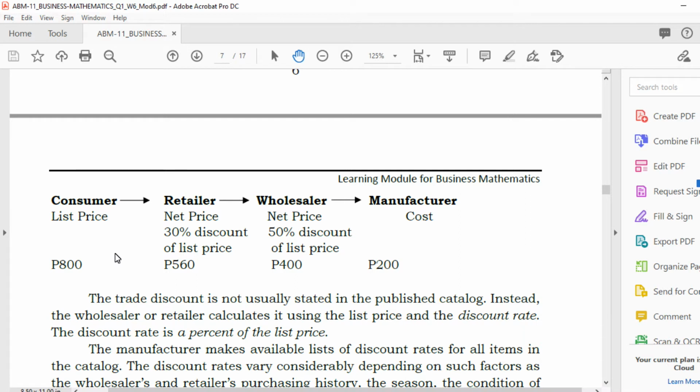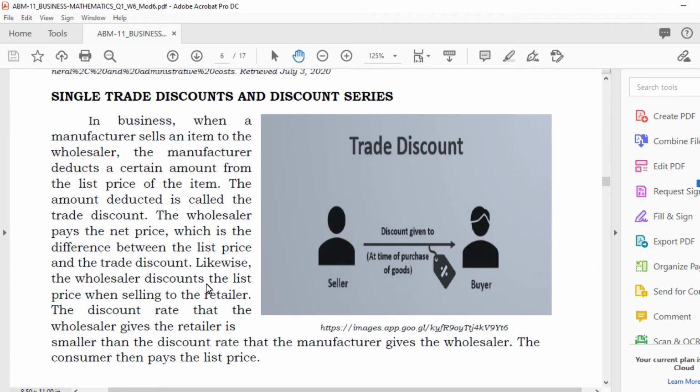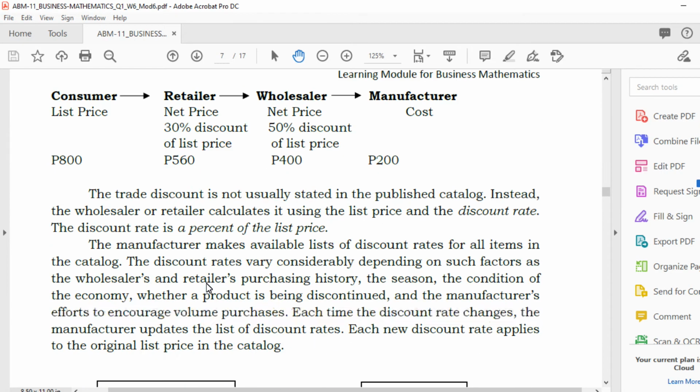Kaya malaki yung competition, mas marami ng kakompetensya. Kaya mas mababa ngayon. Pero dati, hindi ganon. Mas mataas yung price kasi konti lang gumagawa. Kaya nangyayari, mga reseller, patong-patong, kaya mataas ang presyo nun. So, yun yung sa mga discount, no? Pag single trade discount, isang beses lang siya ibabawas.